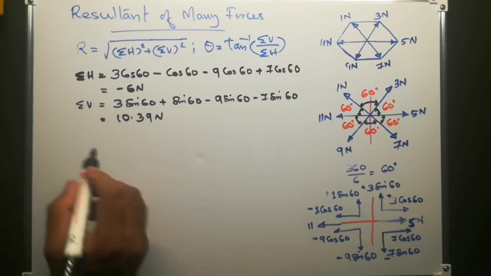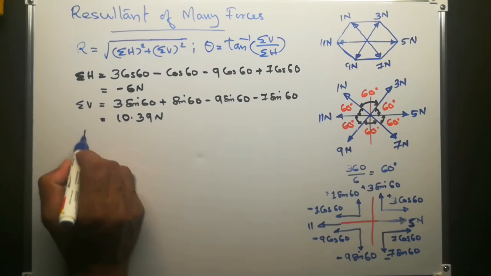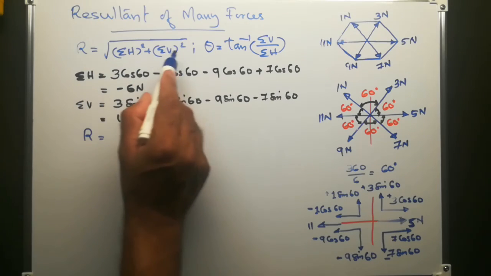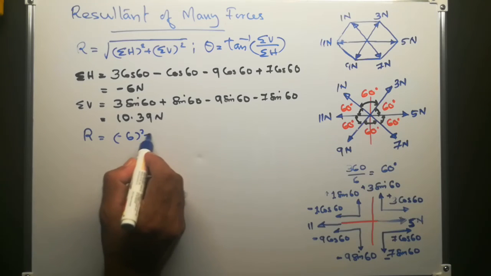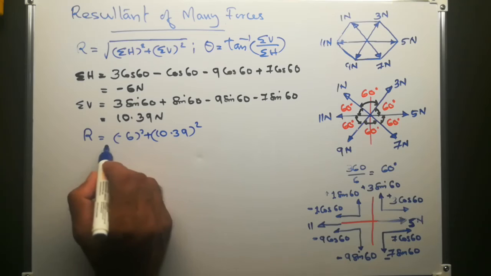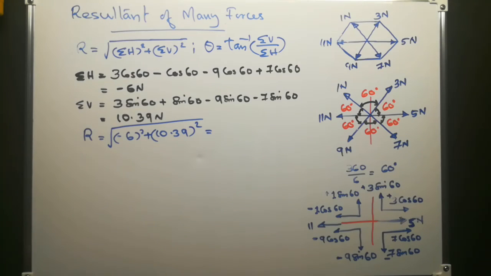Now we need to find the resultant. Resultant R equals square root of sigma H squared plus sigma V squared, that is minus 6 squared plus 10.39 squared, and its square root gives the magnitude of the resultant, which is 12 Newton.